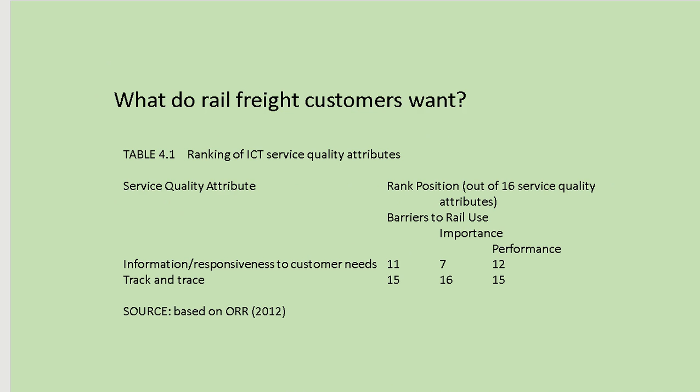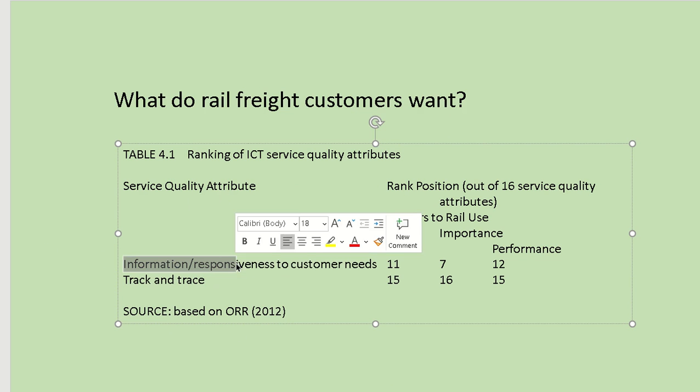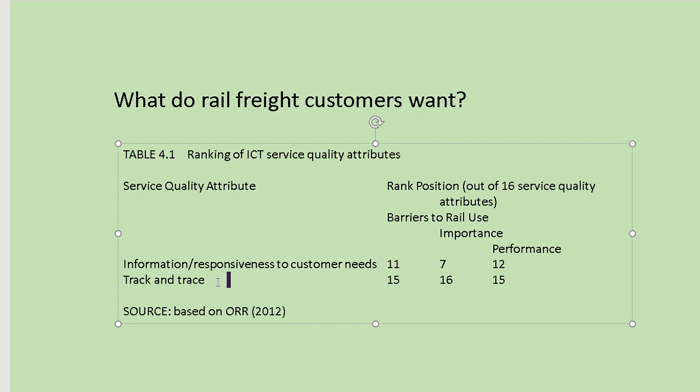This is another issue that we would like to ask our customers, or at least one survey asks, what do rail freight customers want? In terms of what they wanted, responsiveness to customer needs, and track and trace is only second.